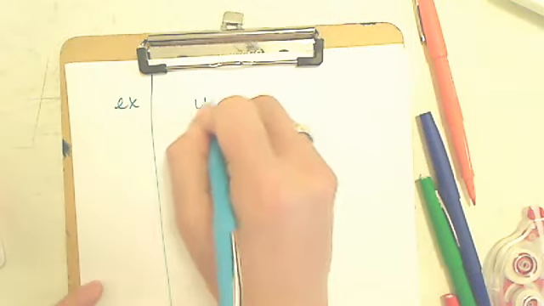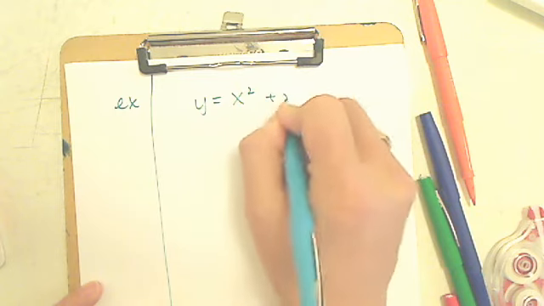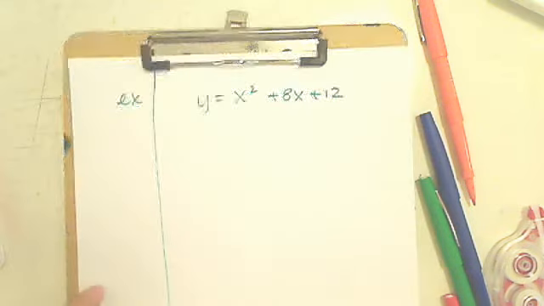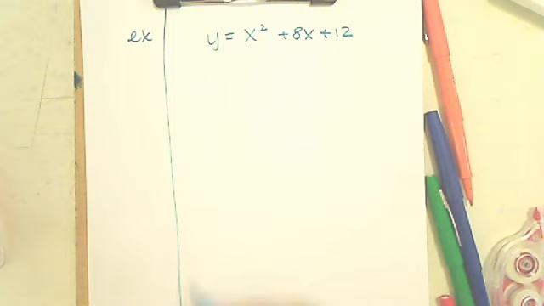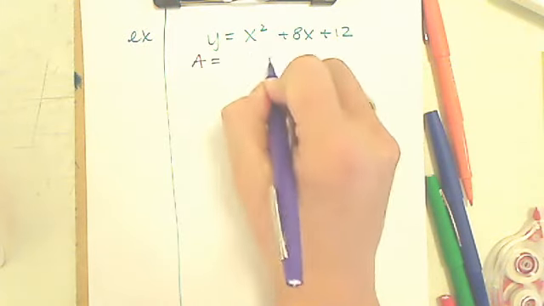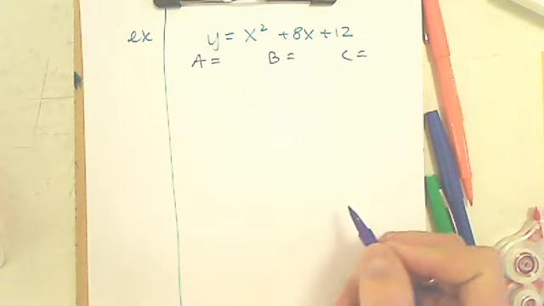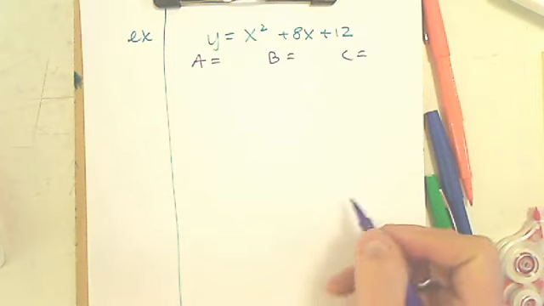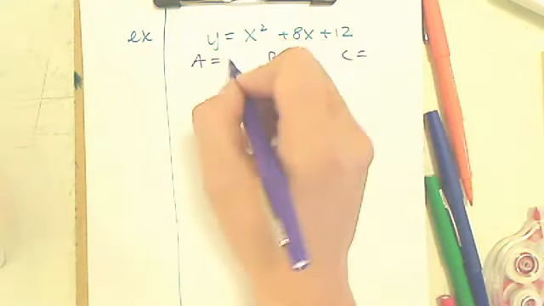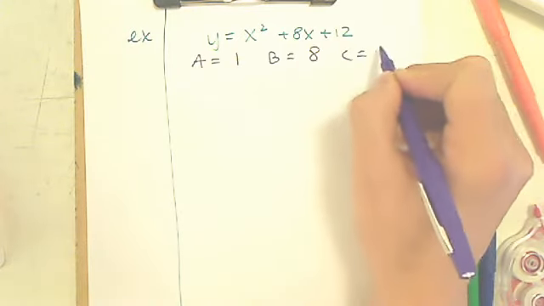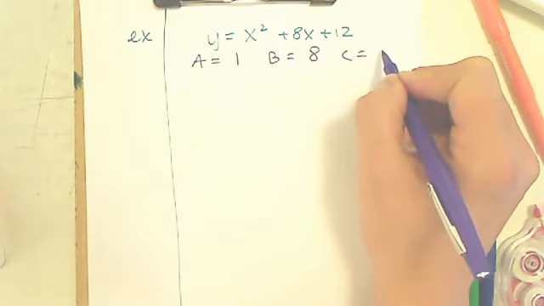Example. Y equals x squared plus 8x plus 12. Here's a simple little equation for you. No calculator, please. This is not hard. Tell me A, B, and C. The coefficients are 1, 8, and 12.